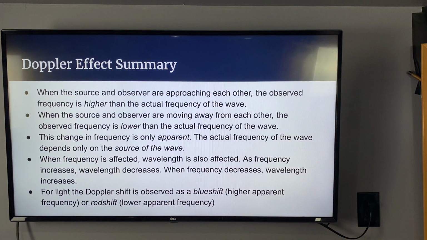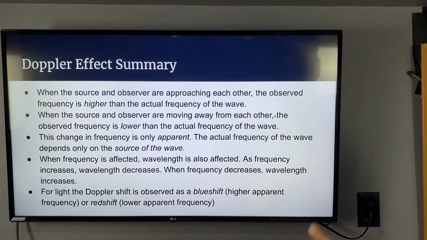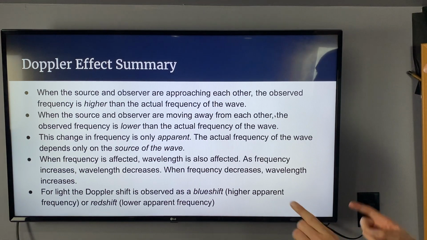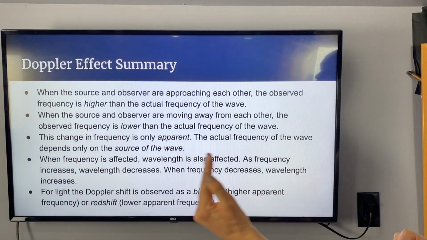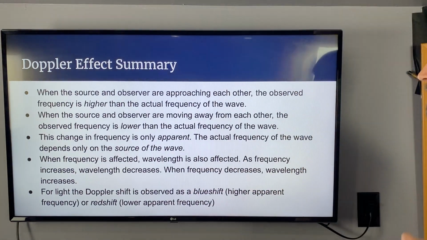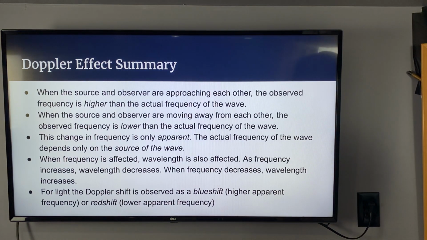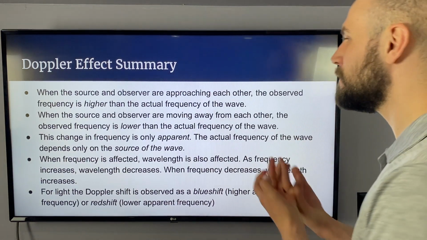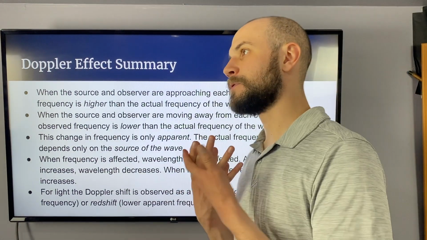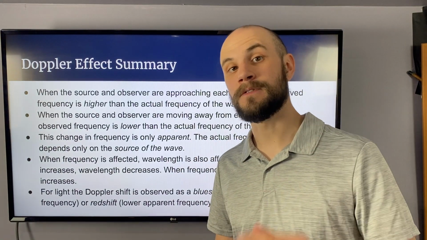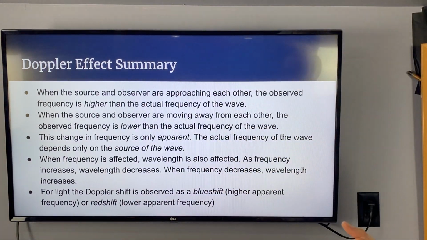Okay. So here's a quick summary of everything we've talked about so far with the Doppler effect. When the source and the observer are approaching one another, whether they're moving together or just the source is moving or just the observer is moving, the observed frequency is higher than the actual frequency of the wave. For sound, this is a higher pitch. For light, this is a bluer light.